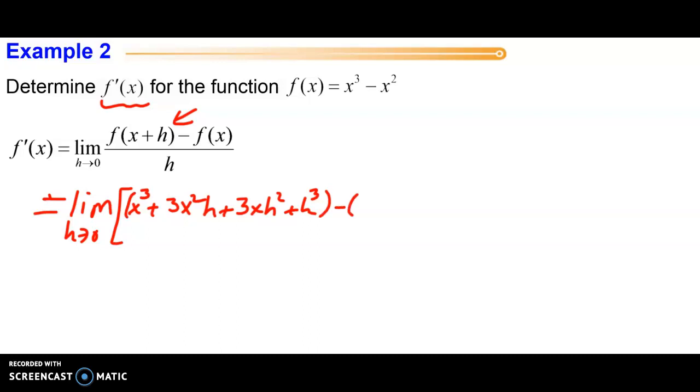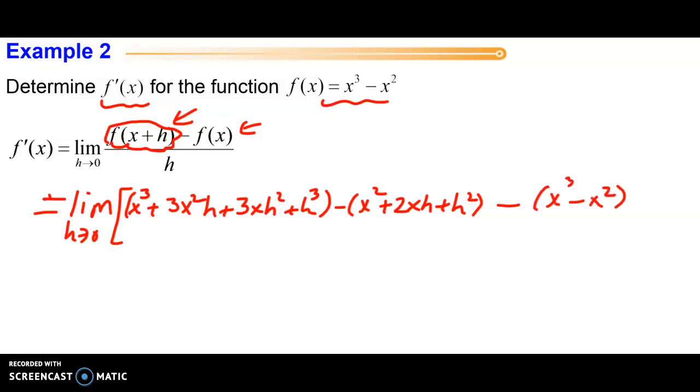We also had an x squared plus 2xh plus h squared. So that's the term f of x plus h. We still have to subtract that from the original function, and the original function was x cubed minus x squared. So there's a lot of terms going on here, and it's all divided by h.